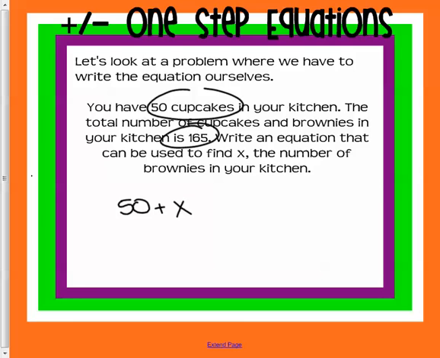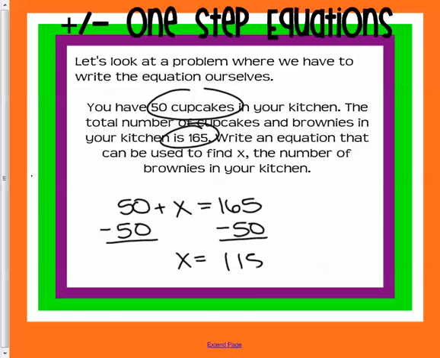And we know that together those are equal to 165, right? So they want us to write the equation, which we did. Now we can solve. Take the 50 cupcakes away from the 165 desserts that we have, and we get x equaling 115. If you want to draw your streets, because it helps you keep them balanced, you can. So we know that there's 115 brownies.